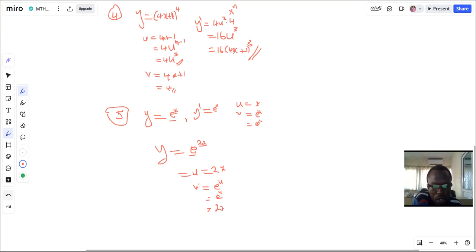That's why I say you have to memorize these rules by heart. So y prime is equal to 2 e power 2x.